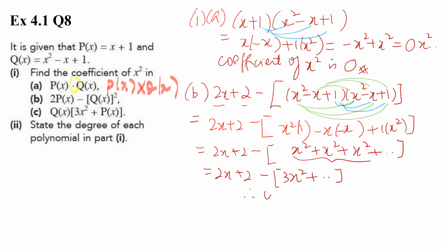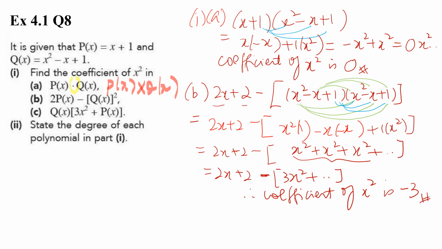So therefore, the coefficient of the x squared term we're interested in will be 3. A negative 3, sorry, because there's a negative here. Can you see? So it's negative 3. So that is part B.